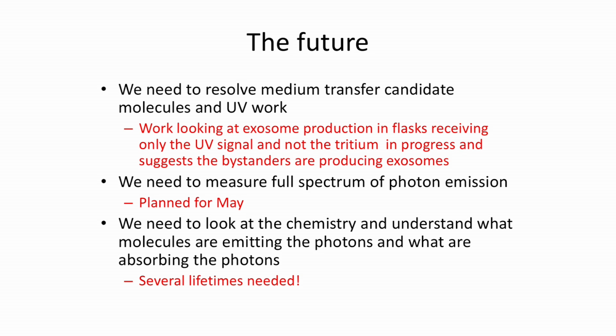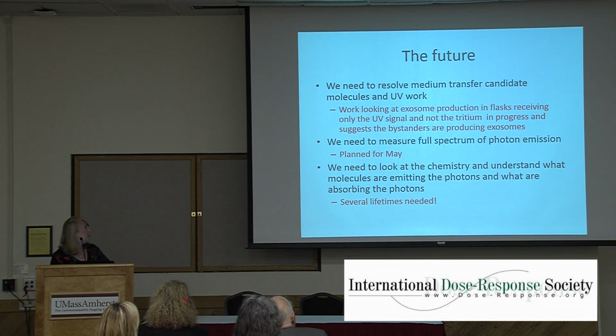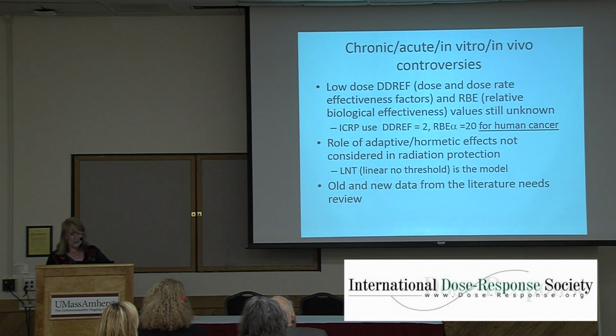And we have actually shown that these cells, the bystander cells, do produce exosomes. So the next thing is to get into exosome profiling. And then we also want to look at other photon energies that might be emitted, and that's planned at the moment. And in terms of understanding the chemistry and biochemistry, well, there's certainly several PhDs, maybe not several lifetimes.